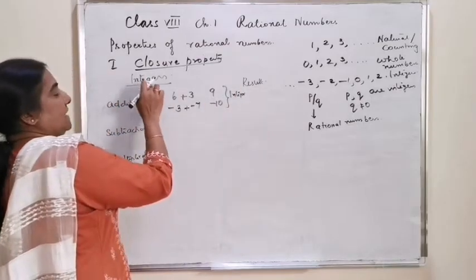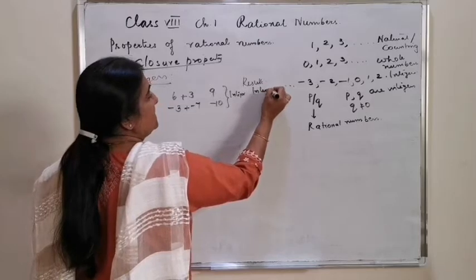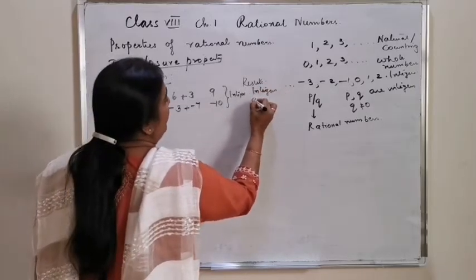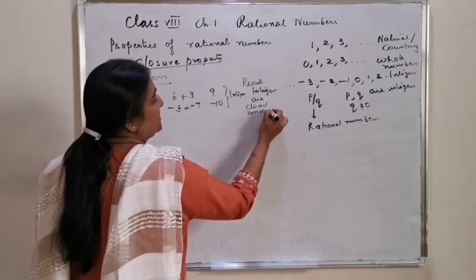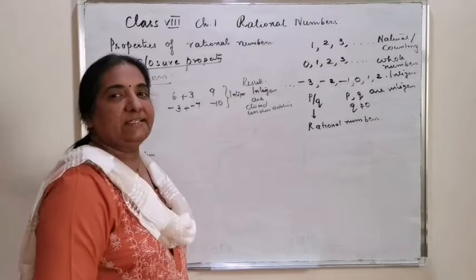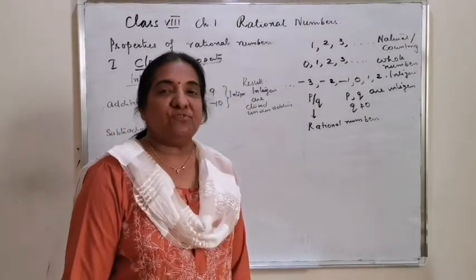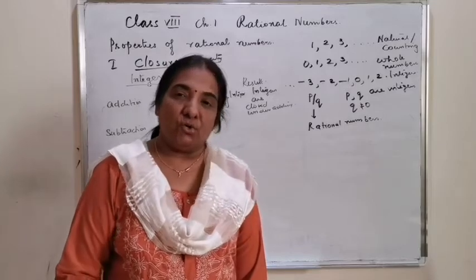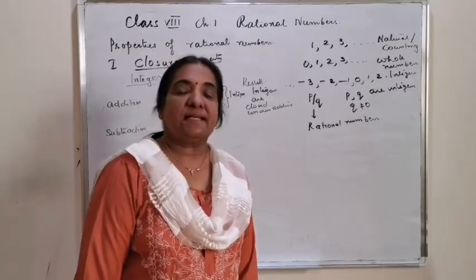Thus you can see that integers are closed under addition. That means if you add two integers, the resulting answer is also an integer, which proves that integers are closed under addition, meaning the closure property is satisfied.